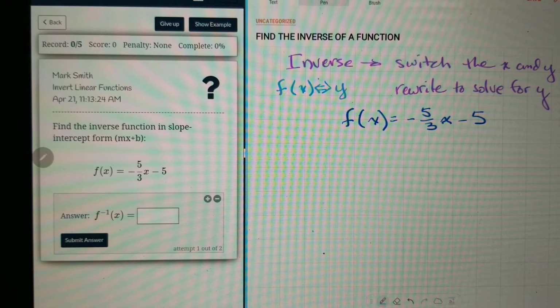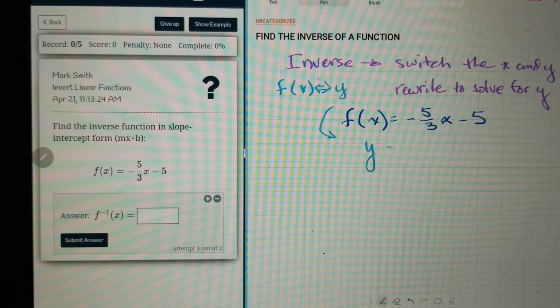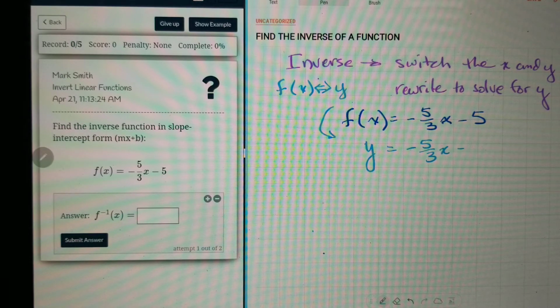So the first thing we're going to do is say this is y equals negative 5/3 x minus 5. And that's how we start.